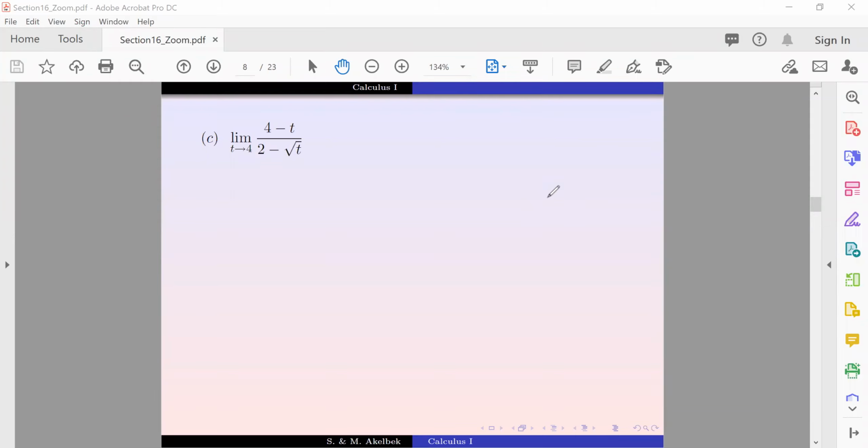Example C, we have t approaches 4, and we have 4 minus t over 2 minus square root of t. I always start by substituting the number and seeing what happens. So we have 4 minus 4, I substitute for t, over 2 minus square root of 4. 4 minus 4 is 0. Now I have 2 minus 2 is 0.